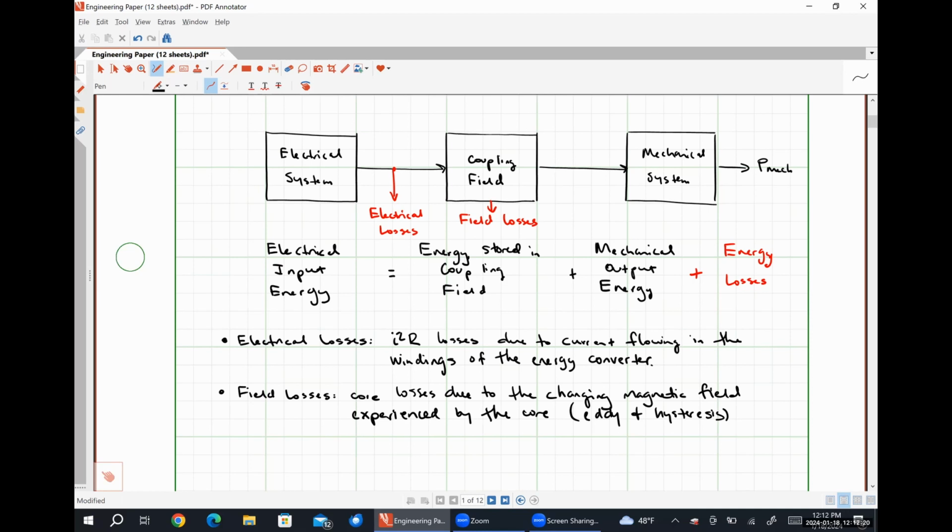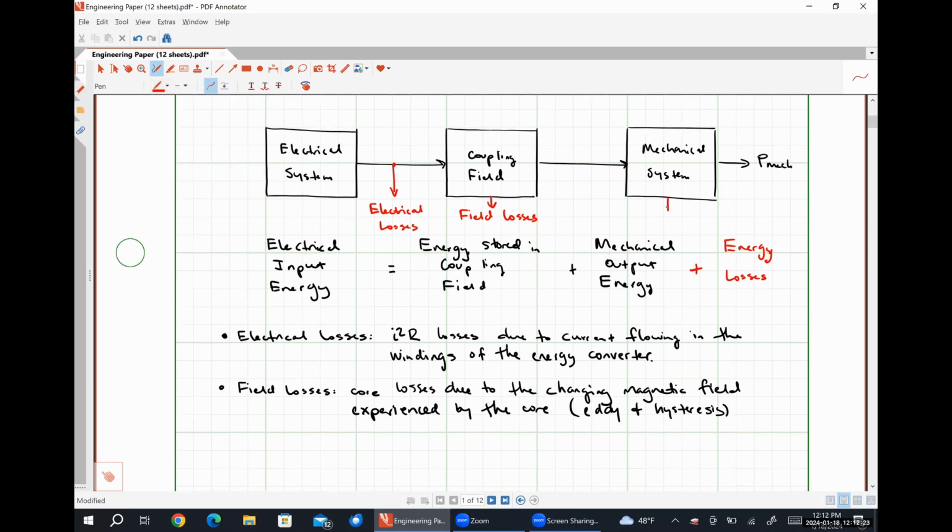And then lastly, we have mechanical losses.